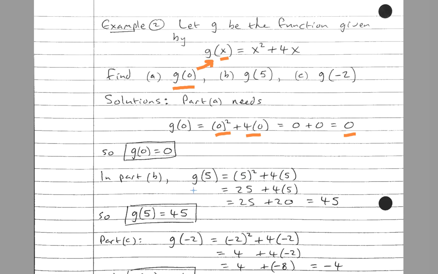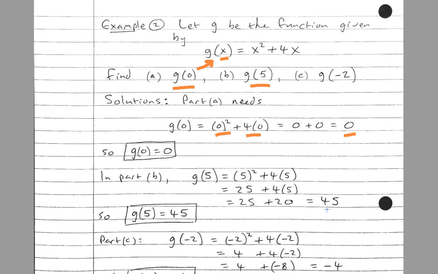Part B, let's say the input is 5 this time, so we want g of 5. So now 5 is going in, so all the x's get replaced by 5's. So we need 5 squared plus 4 times 5. Exponents first, that's 25. Multiplication next.